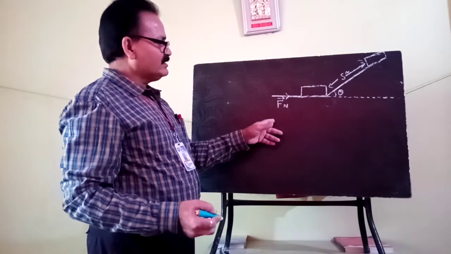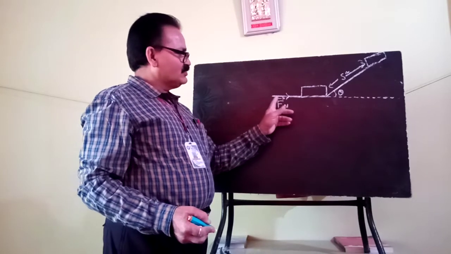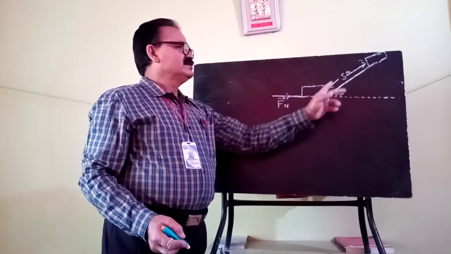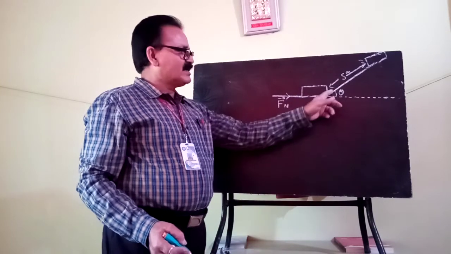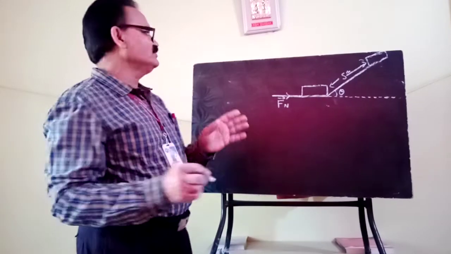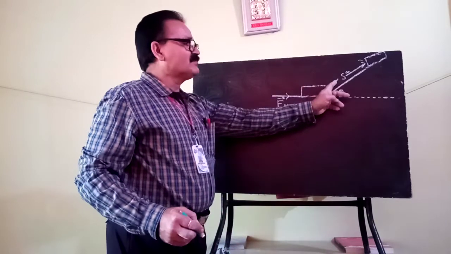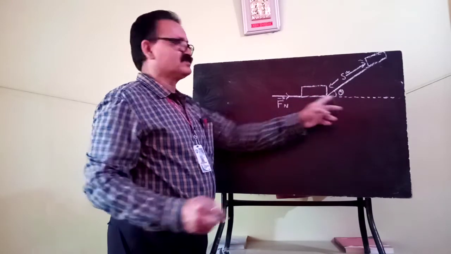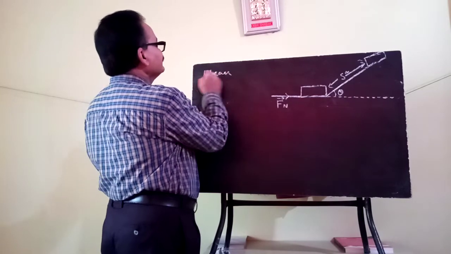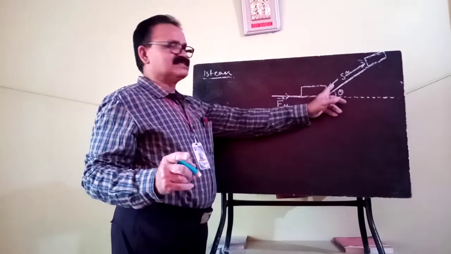So here in this diagram, a force is acted upon this body and the body gets displaced through a distance of s meter by making an angle theta degree. So our first target is to find out the component of the displacement along the direction of force.